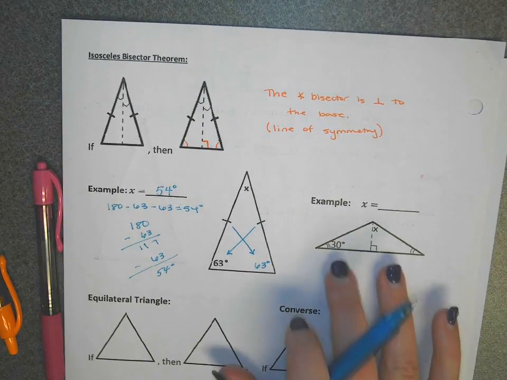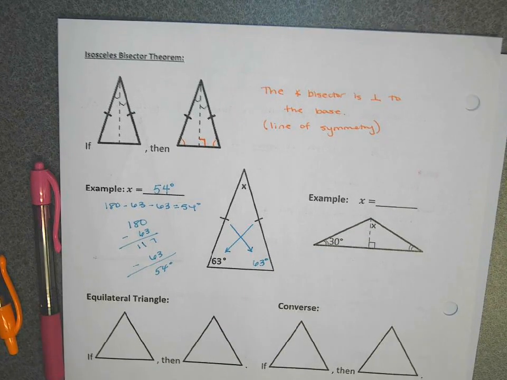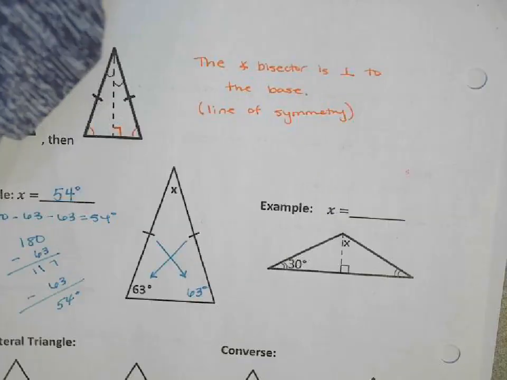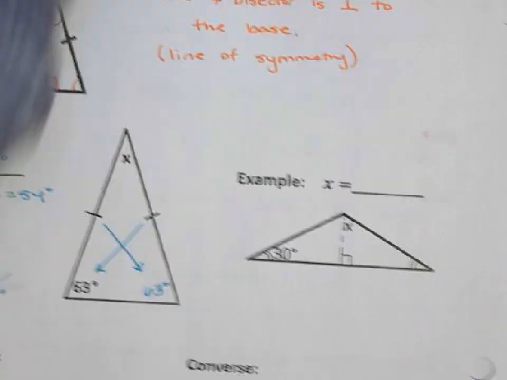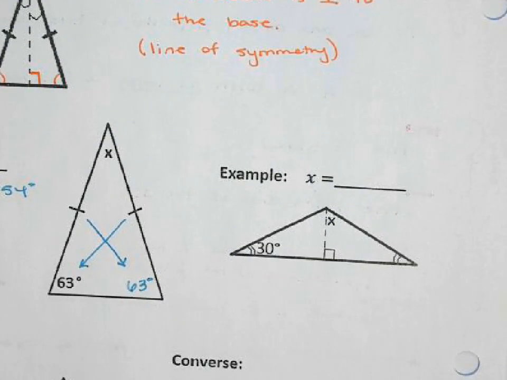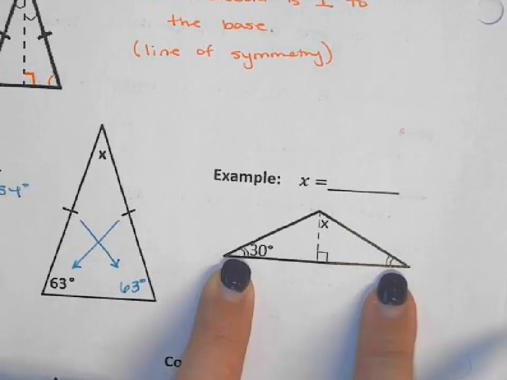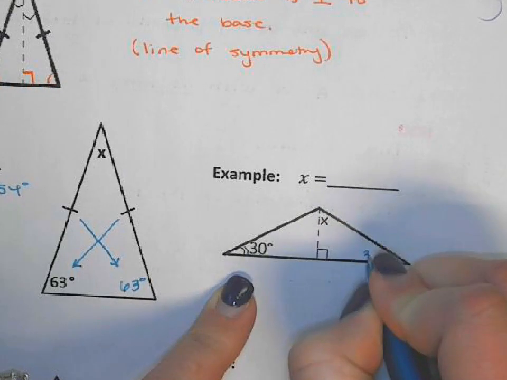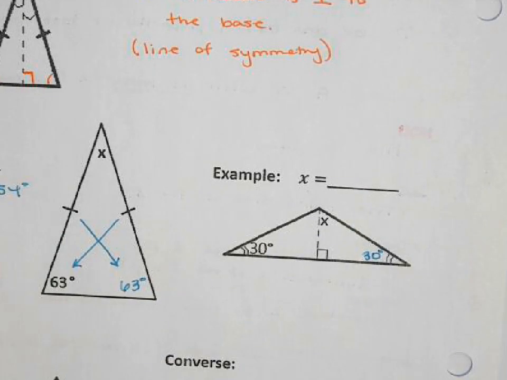Next one, this one here. What can I label in this diagram? So the congruent angle on the right is 30 degrees. Yep, so this here is 30 degrees. Okay, then what? So this has 90.